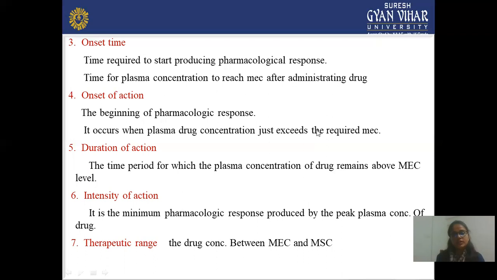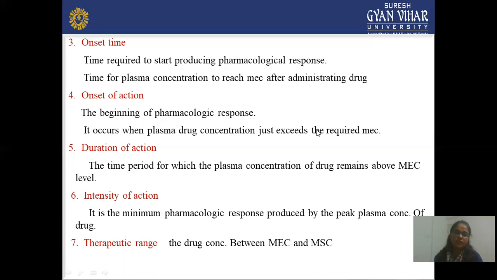It occurs when the plasma drug concentration just exceeds the required MEC, or minimum effective concentration.